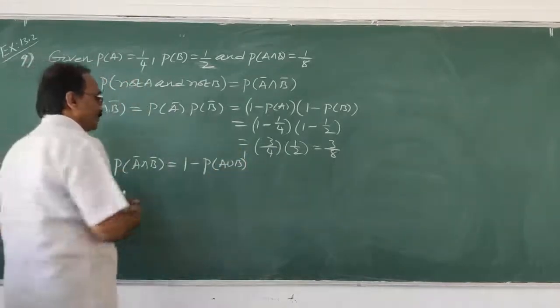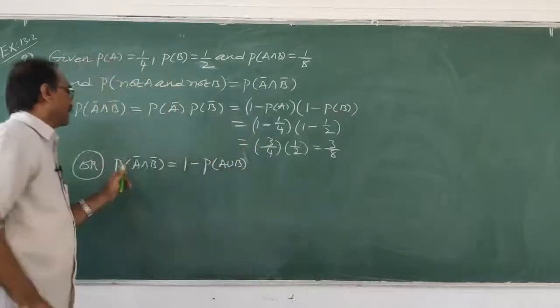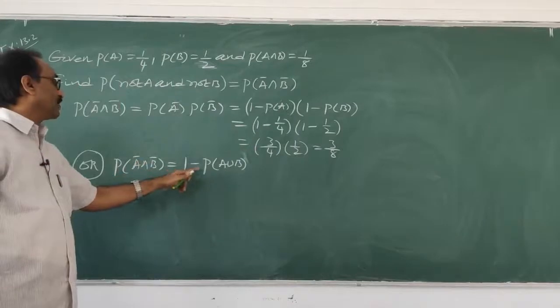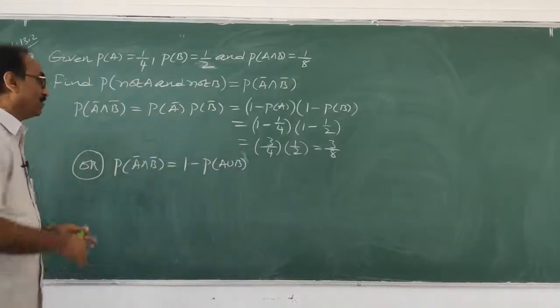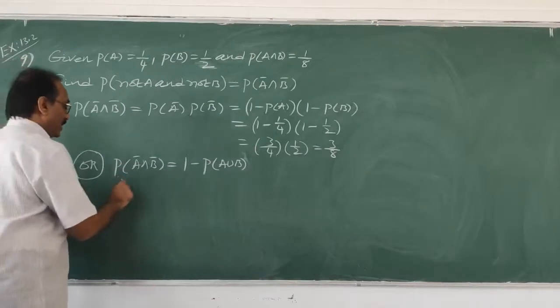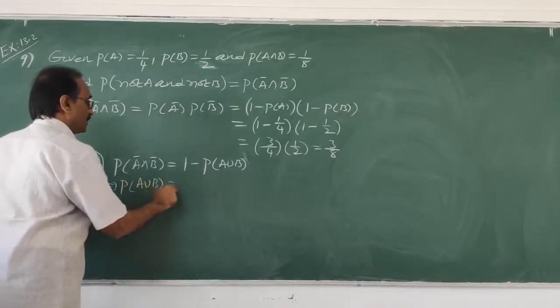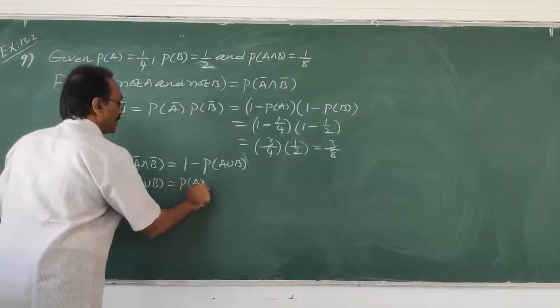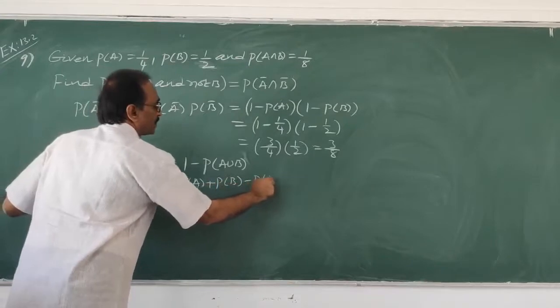So A bar intersection B bar is equal to 1 minus P of A union B. Now what is P of A union B? P of A union B is P of A plus P of B minus P of A intersection B.